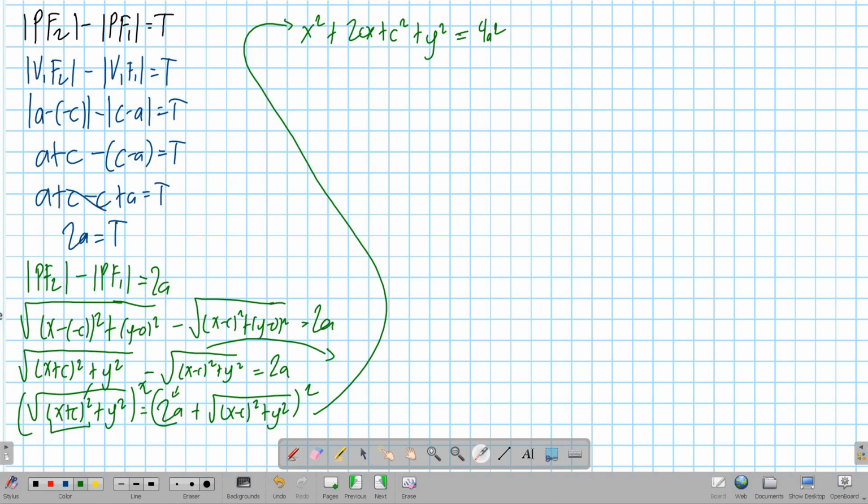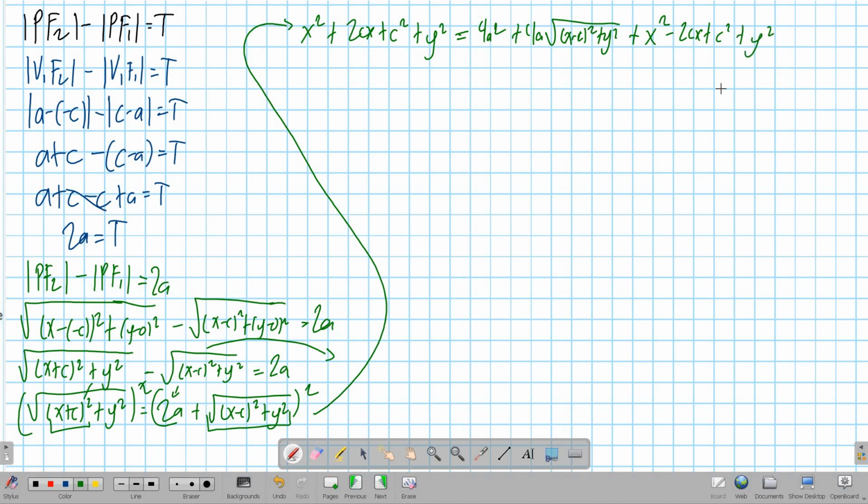Then we multiply these two terms, then multiply it by 2, and so we're going to get plus 4a times the square root of x minus c squared plus y squared. Plus this last term gets squared, so the radical gets removed, and the ones inside the radicand we can already expand as x squared minus 2cx plus c squared plus y squared.